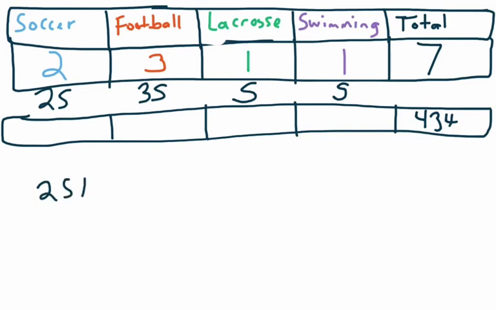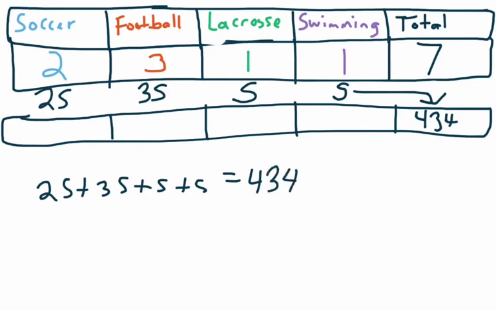Okay, so now we're going to write an equation. 2S plus 3S plus S plus S equals 434, because we want to figure out what S is.